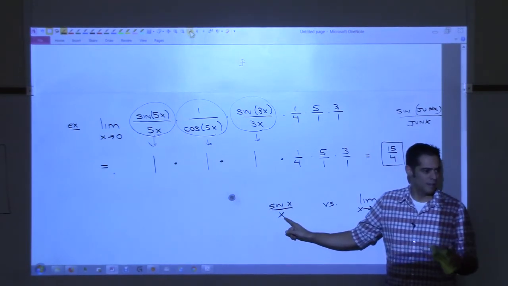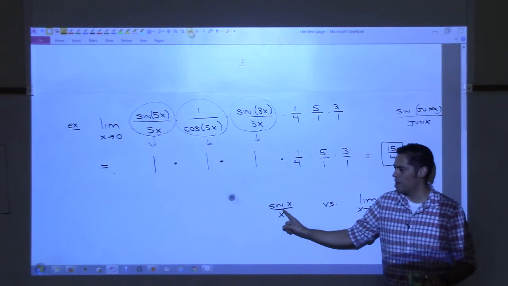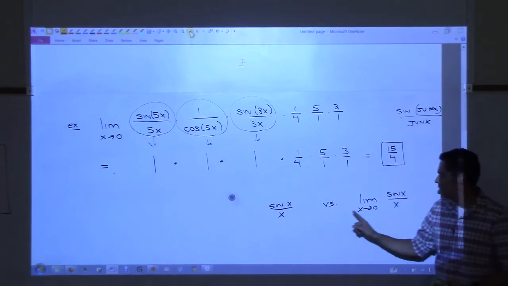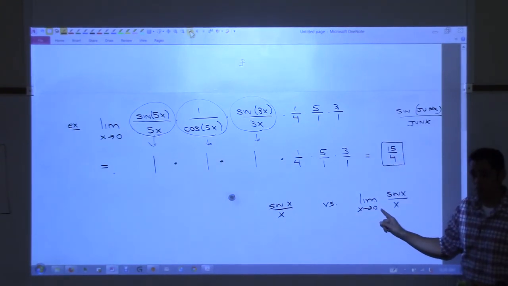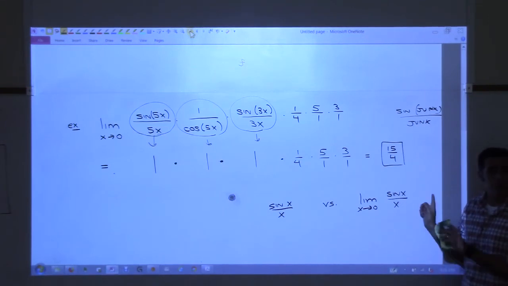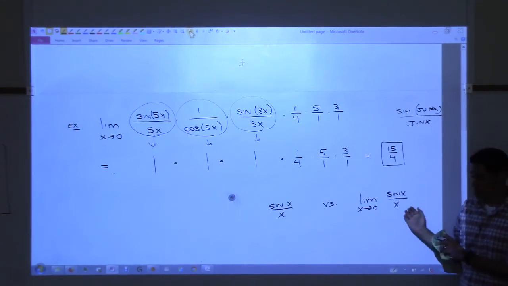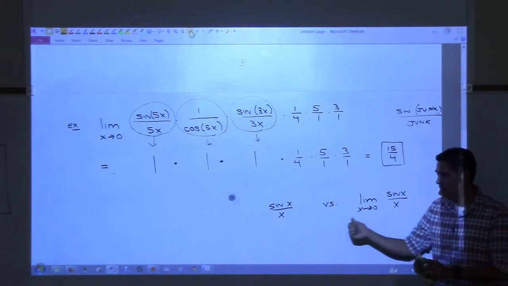It's not what I'm saying. I'm not saying that this is 1. I'm saying that if x approaches 0, this expression approaches 1. The difference between these two is that this is a limit, this is not a limit.